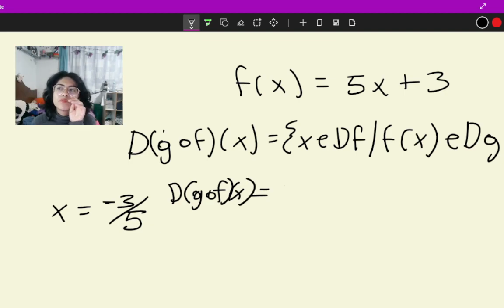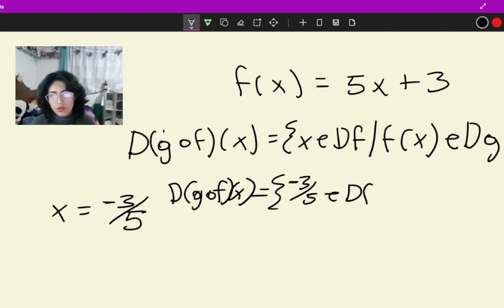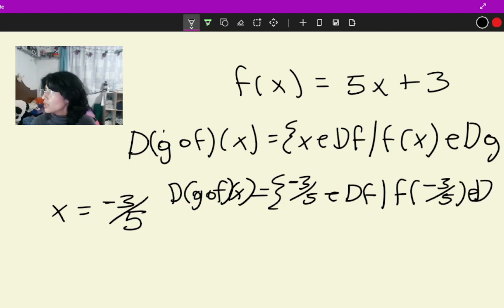The set of x in the domain of f such that the absolute value of f of x is in the domain of g.